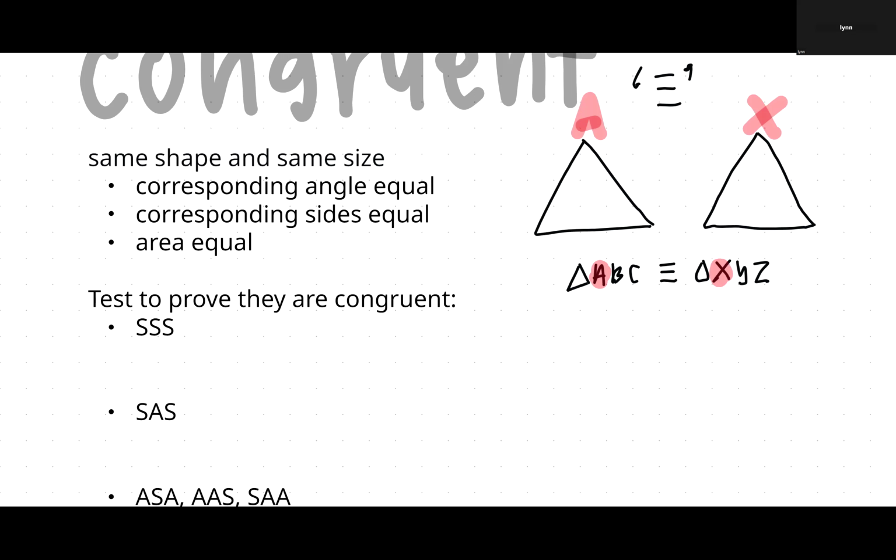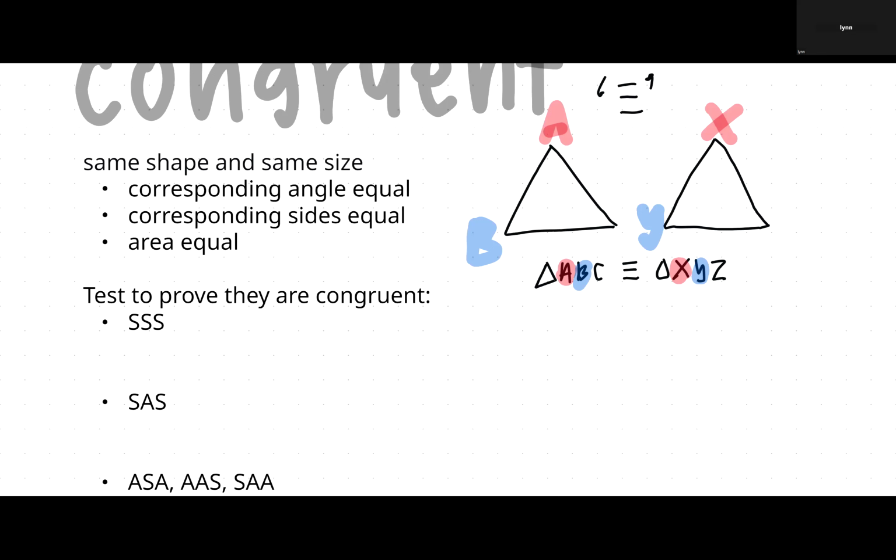If I place B here, B must match with Y. That means Y must be in the same position as B. And lastly, I have alphabet C. C must match with Z. So C and Z must be at the same position.